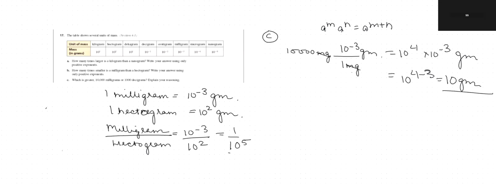Now, again changing decigrams to grams. It is 1,000 decigrams.